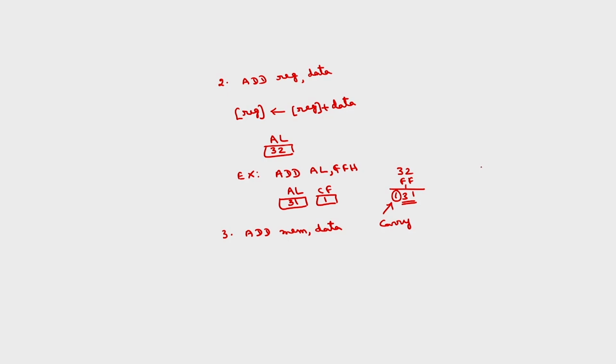For example, if I want to add multi-byte numbers, 7255 4F32H plus F210 FECAH.